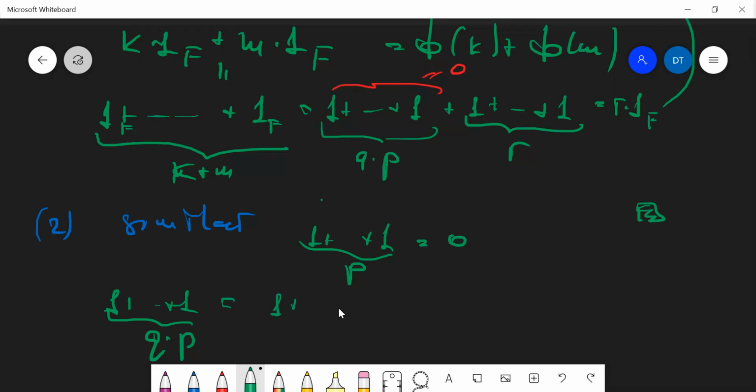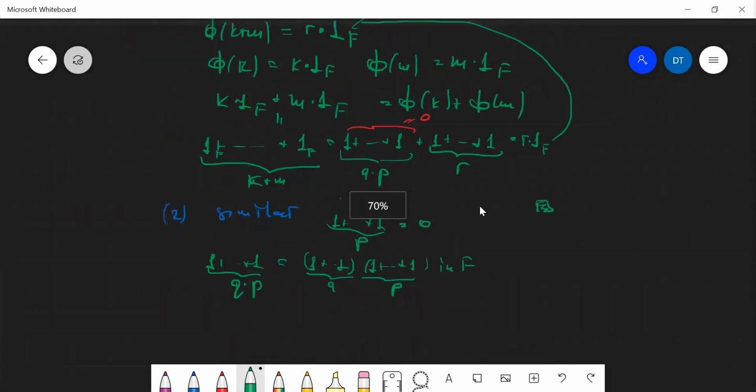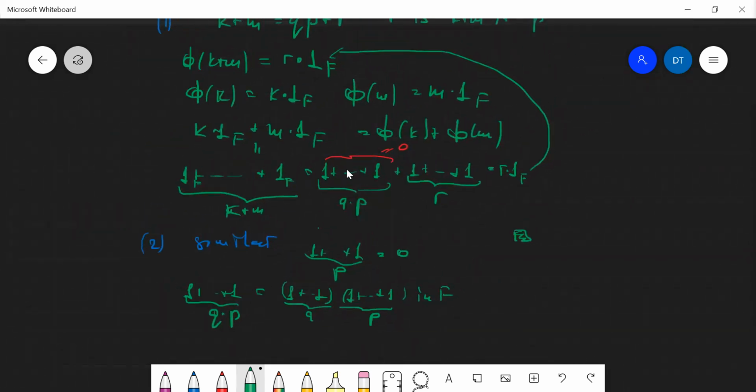Yeah, but it works in the ZP field. But now we're in F, so it's not a field. I'm sorry, but all this computation is inside the field F. So this is just an element of the field F. And you have P times Q summands, and you can rearrange this sum in this form. And this one is 0 just by definition of the characteristic.